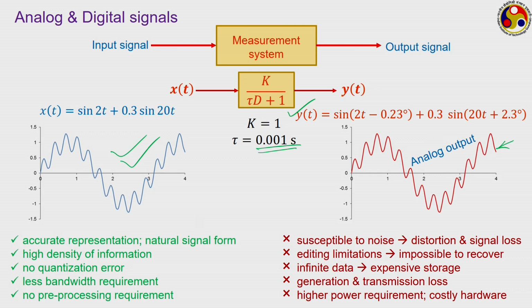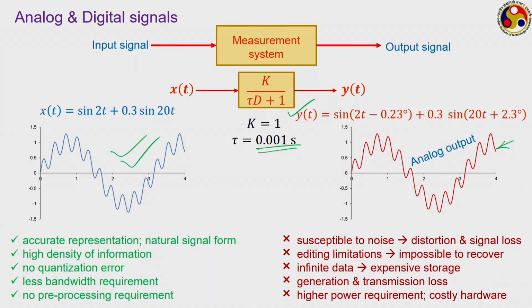Then generation and transmission loss, particularly transmitting this kind of medium over a long distance will always lead to some loss. Just think about the normal power supply. Generally we get power supplied to our houses through the high tension lines in the form of a 440 volt 50 hertz signal.